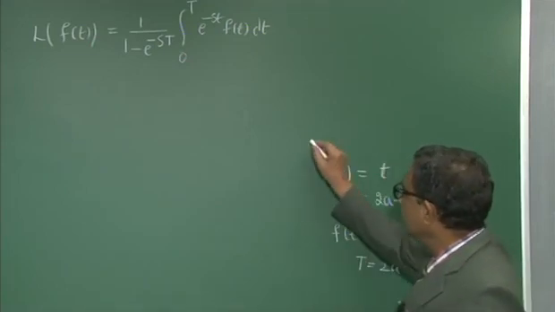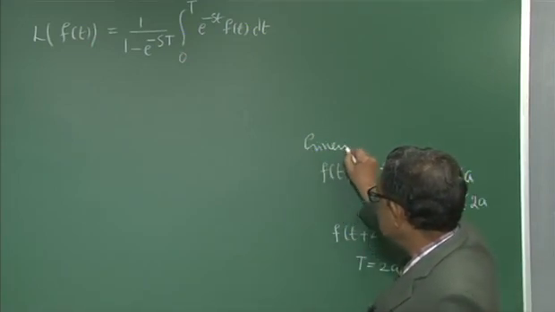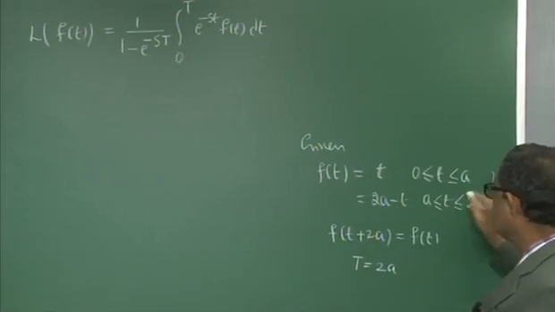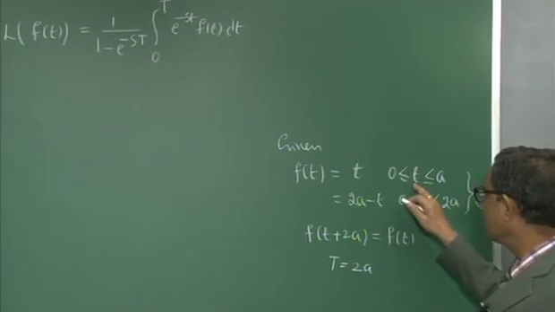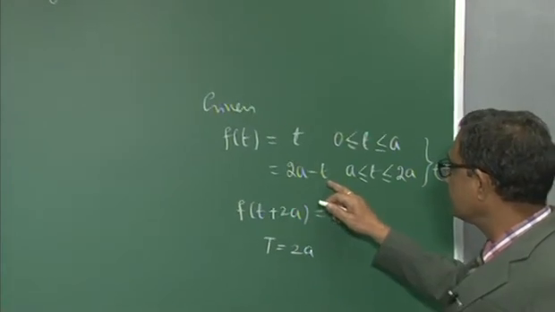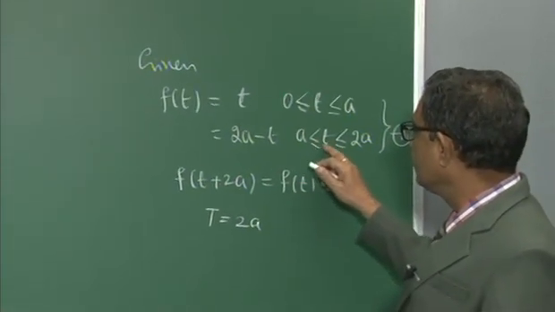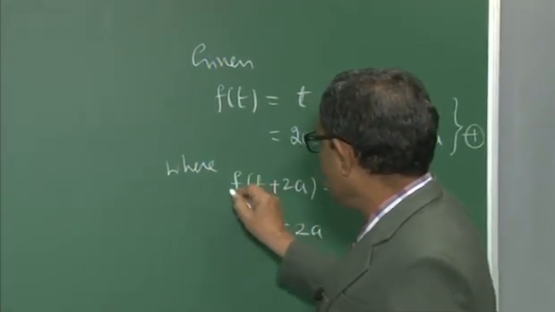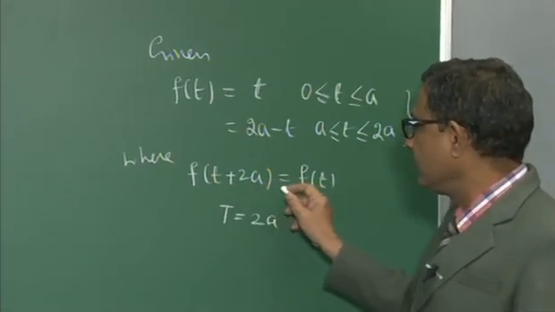If you take the given function, this is your given function f of t as t for 0 less than or equal to t less than or equal to a, is equal to 2a minus t, a less than or equal to t less than or equal to 2a, where f of t plus 2a equal to f of t.